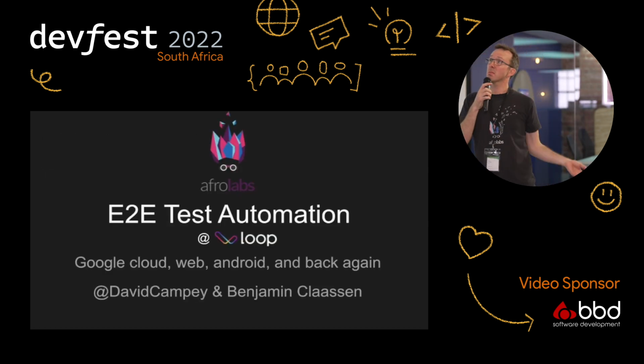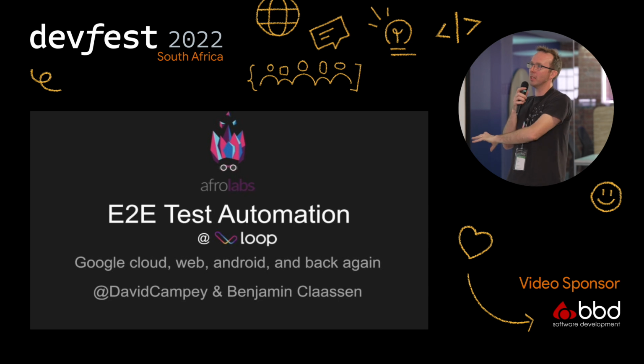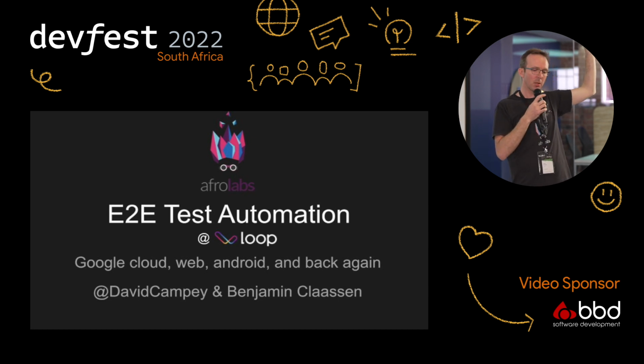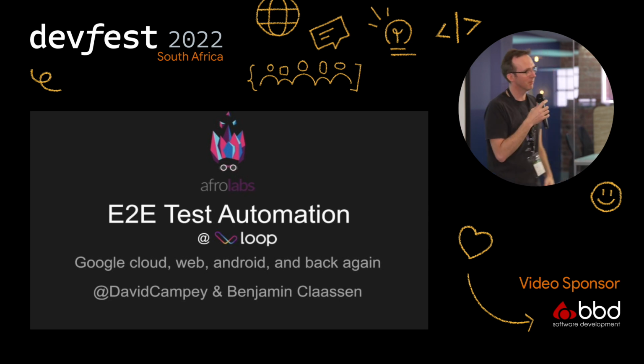This was a specific look at how, as AfroLabs, we helped do the end-to-end test automation at Loop. We looked at Google Cloud, all the way through the webby stuff, or the Android stuff, back up to web, because we actually have to check the results worked in web. I was David, and that was Benjamin.